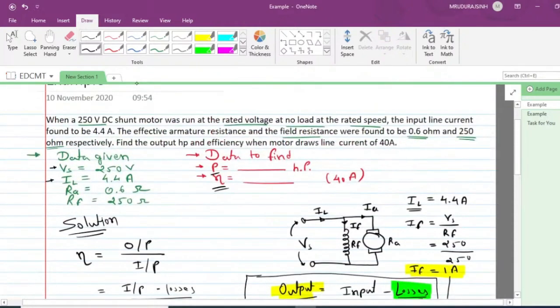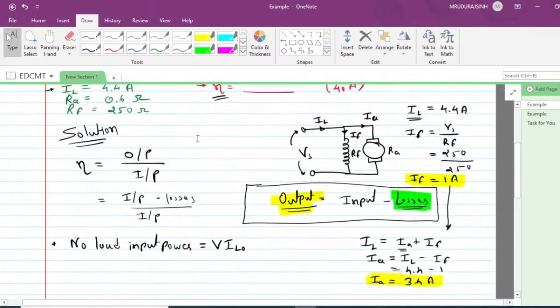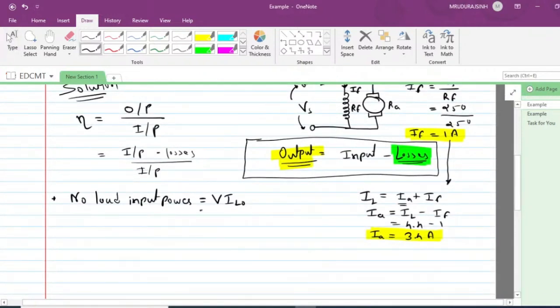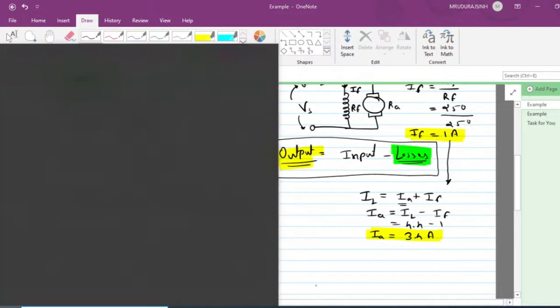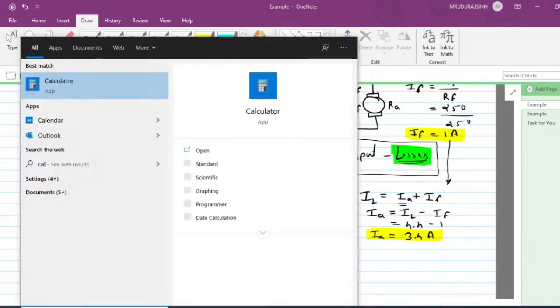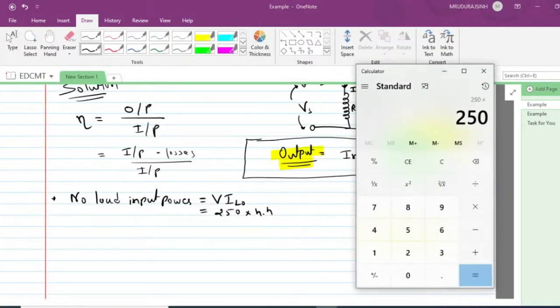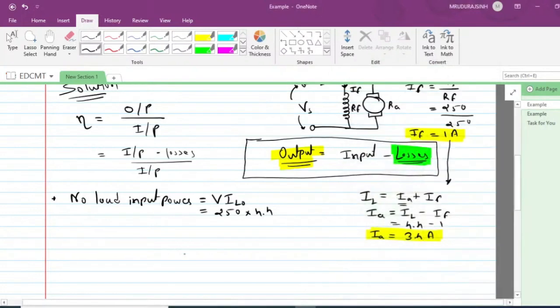Observe over here that input line current found to be 4.4 ampere when the machine runs at no load. So at no load, input line current is 4.4 ampere. So we have the value of this line current. So it's 250 multiplied by 4.4, and that is going to give us 1100.